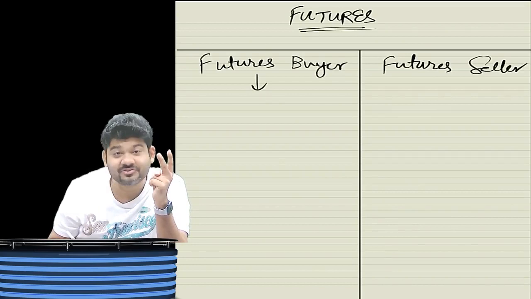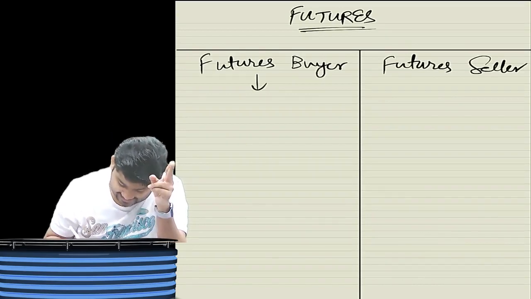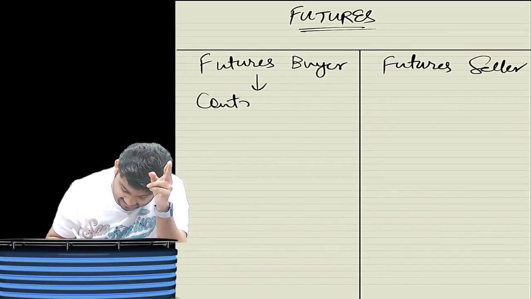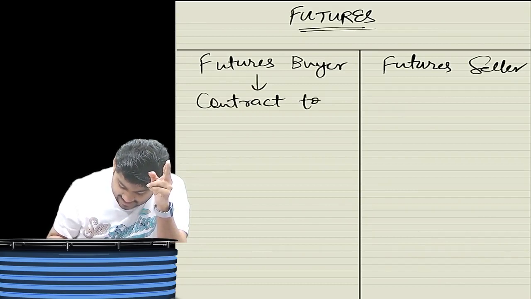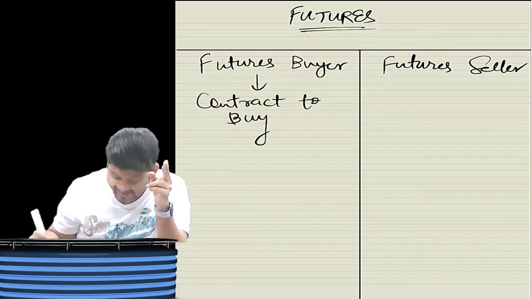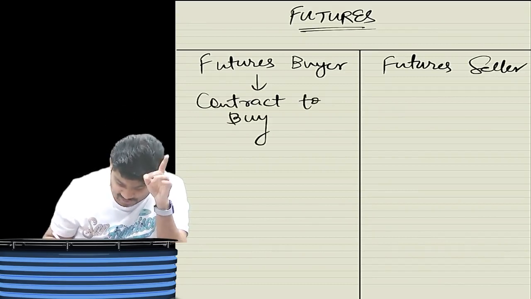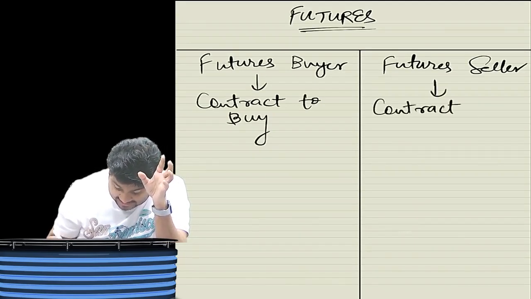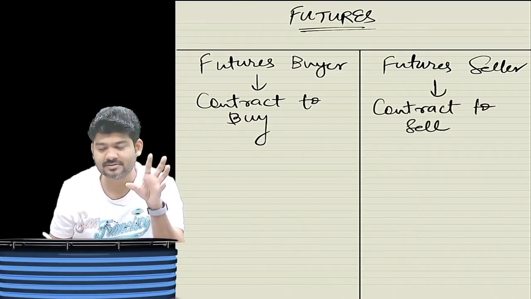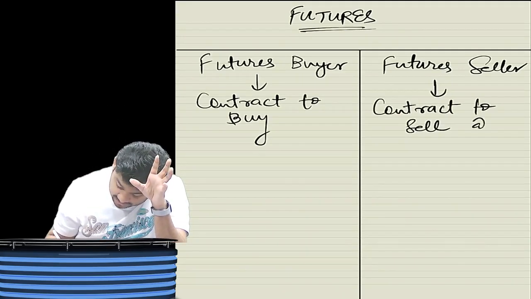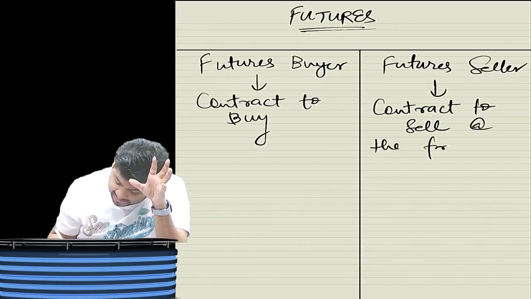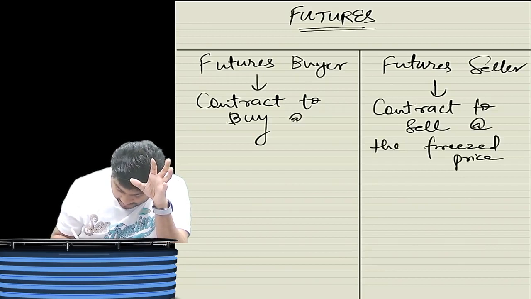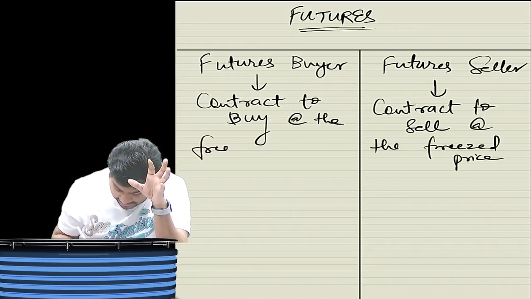In case of a futures buyer, there is a contract to buy. But in case of a futures seller, there is a contract to sell at whatever price we have freezed. So contract to sell at the freezed price.